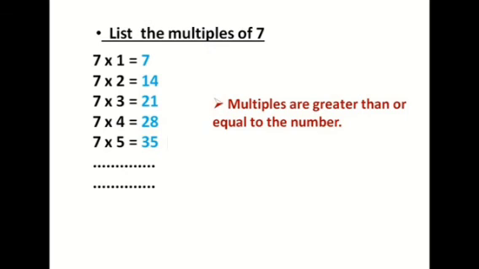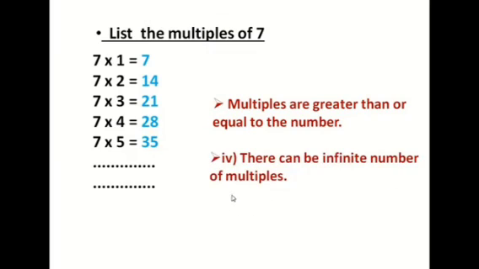The next point I told you already: there can be an infinite number of multiples, because if you multiply 7 with 1, 2, 3, 4, 5, 6, 7, 8, 9, 10, however far you can count, the multiples you get are limitless. That's why there can be an infinite number of multiples. These two are very important properties of multiples.